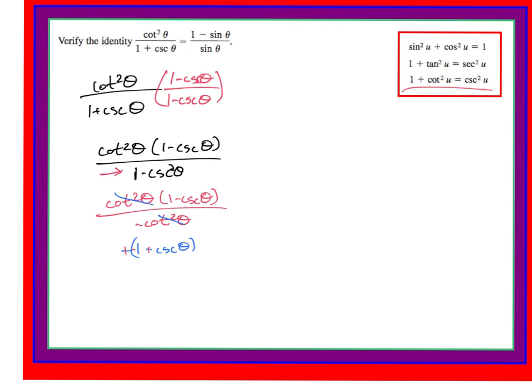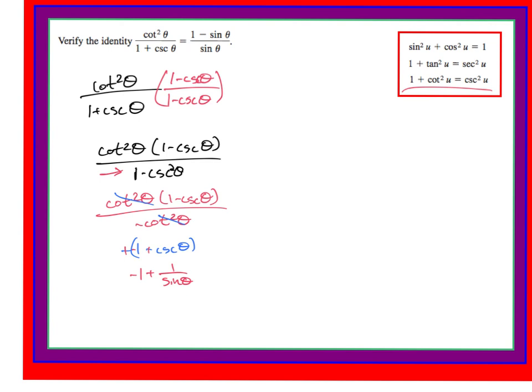All right, so now what? What is cosecant? 1 over sine. So now I have negative 1 plus 1 over sine. Well, what do I want to think of that 1 as? I need common denominators. It's sine over sine. Exactly.